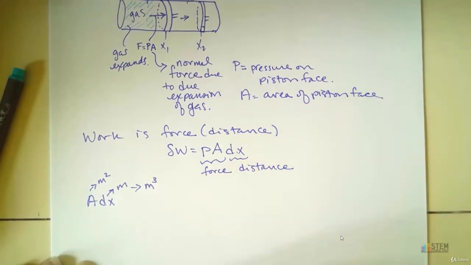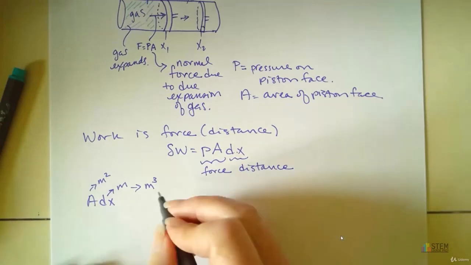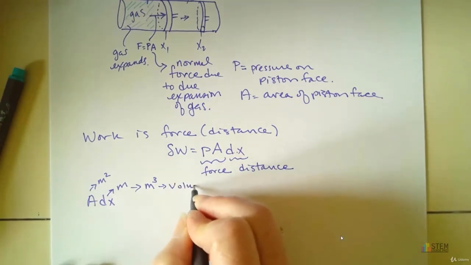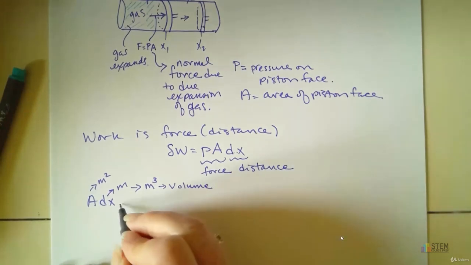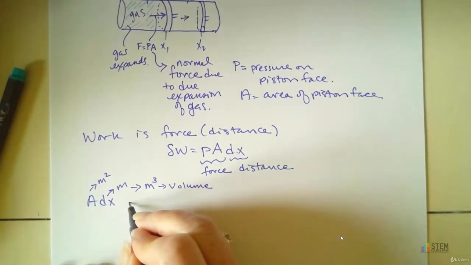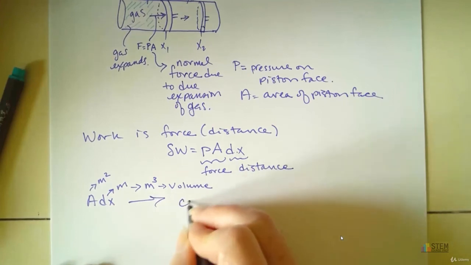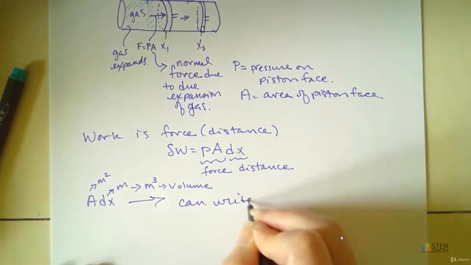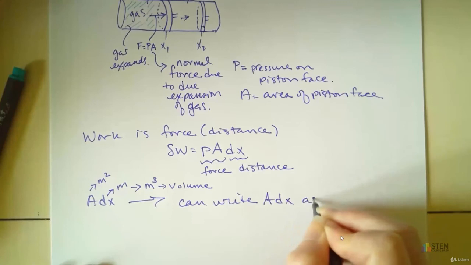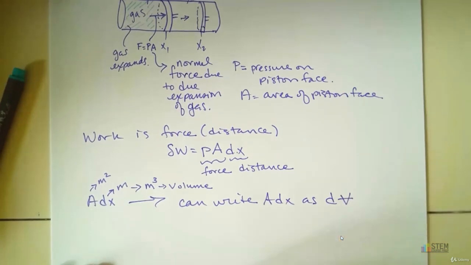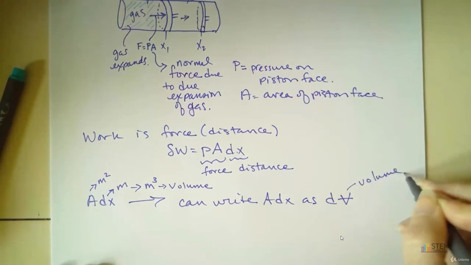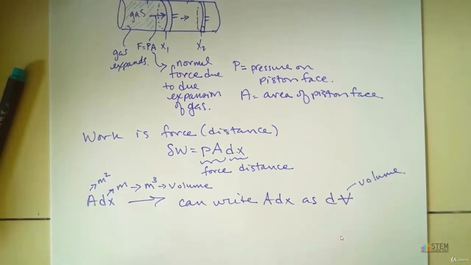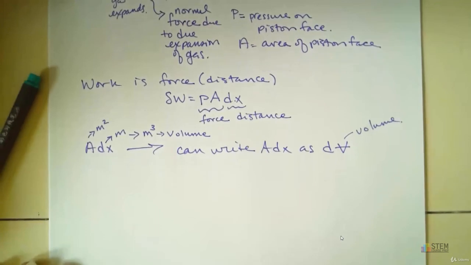Yep, you get cubic meters. Now what units go with cubic meters? That's volume, right? So that means we can write A dx as dV, where V is volume.